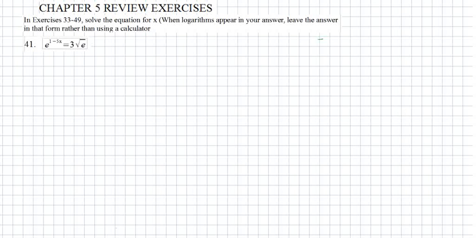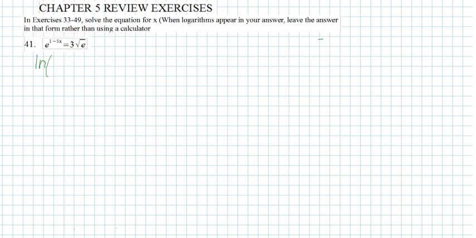All right, let's get ready for the midterm. In this case, you can see right away that if I use a natural logarithm, I can easily get rid of this e. So I'm going to start with that. So I take the natural logarithm of both sides.